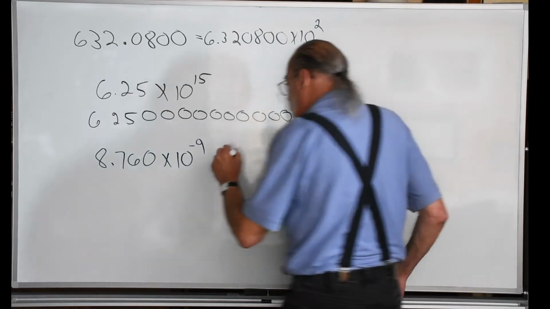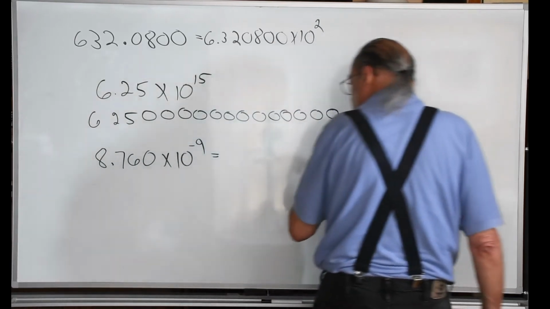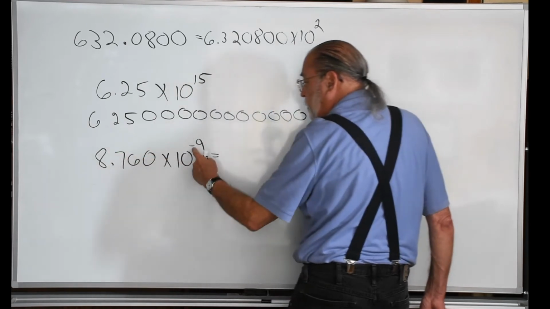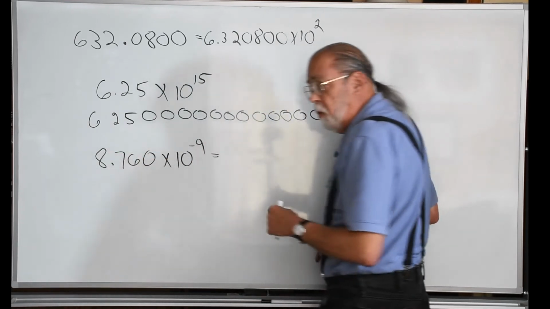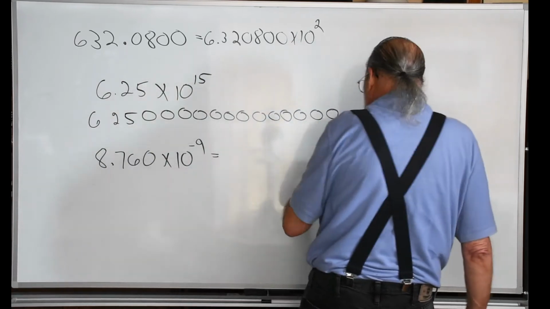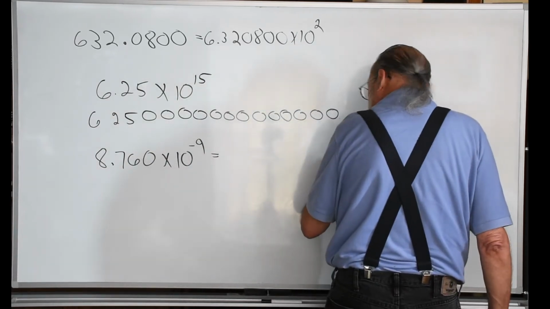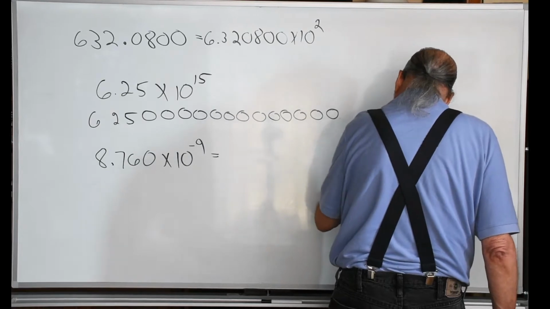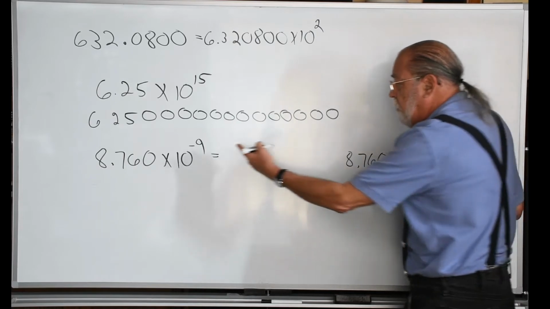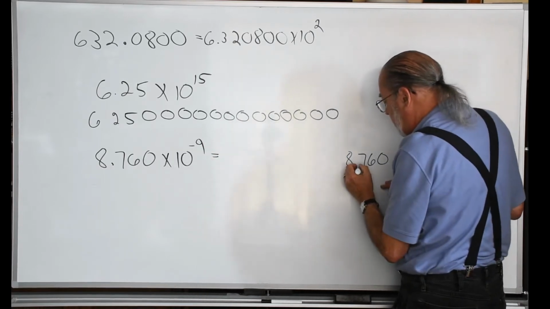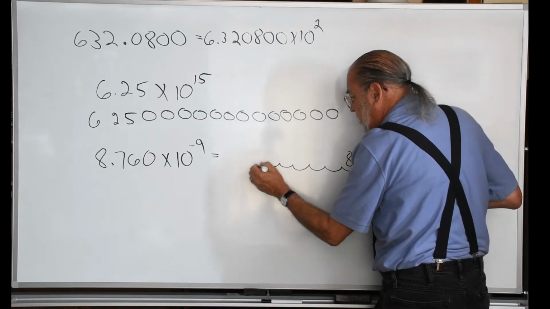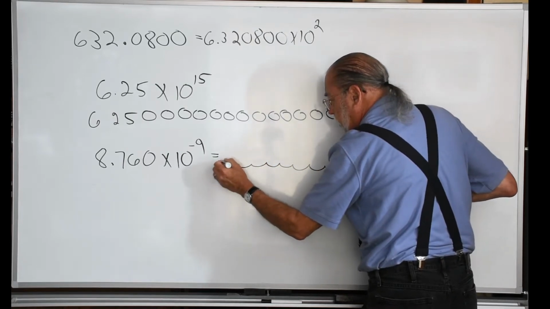We write down the mantissa, and anticipating we're going to have to move the decimal point to the left because minus 9 means less than 1, so we have to get a very small number. We have to move to the left. We have to write our mantissa 8.760. We write it over here, and now we have to move the decimal place 9 places: 1, 2, 3, 4, 5, 6, 7, 8, 9.